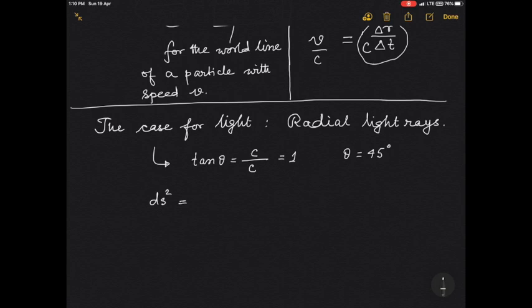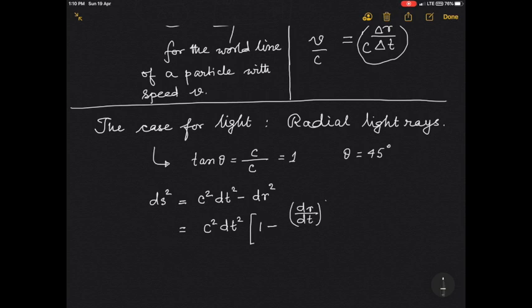So I have ds square, which is c square dt square minus dr square, which I can write, taking dt square outside, as 1 minus dr by dt whole square by c square, and dr by dt we have already agreed is the velocity of the particle, or in this case light, that we are talking about.